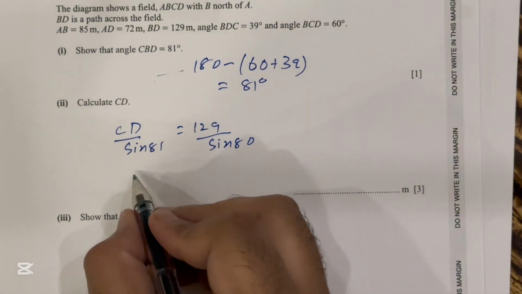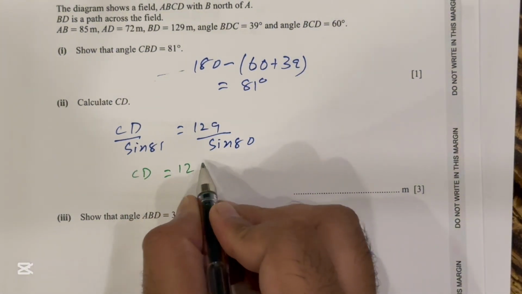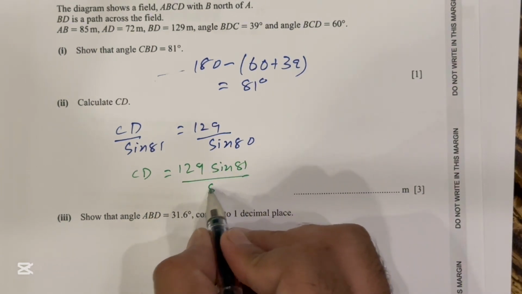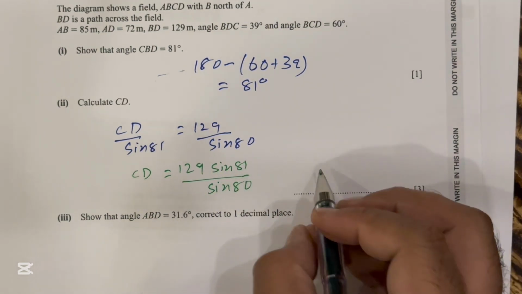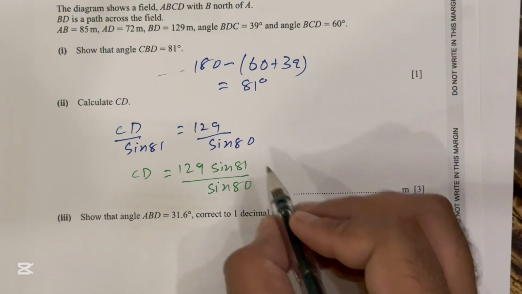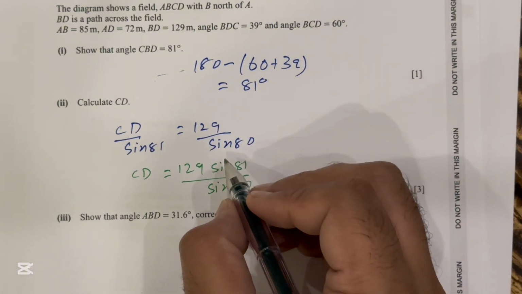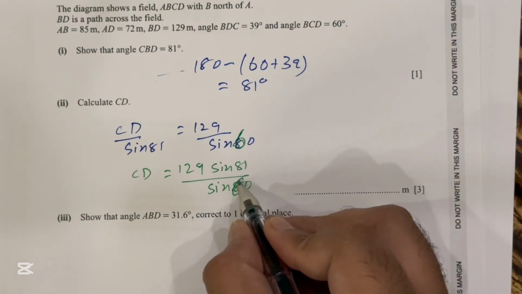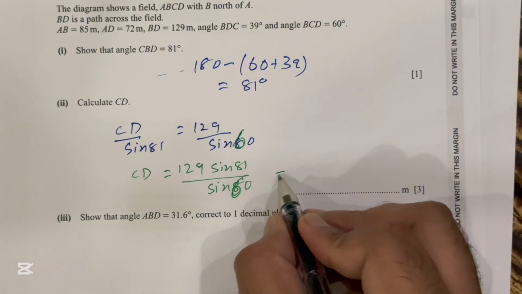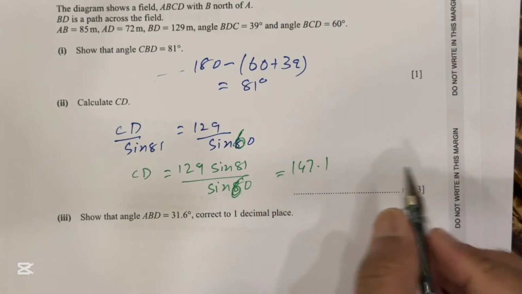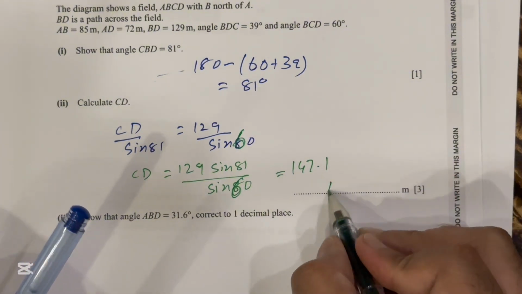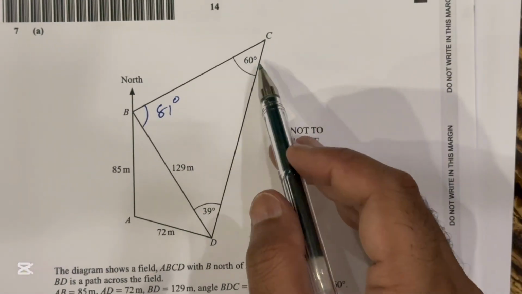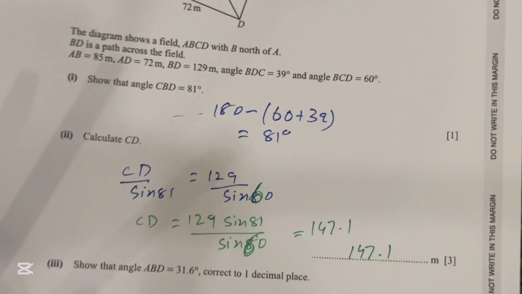The value of CD would be equal to 129 sine 81 divided by sine 60. Sorry, my bad, this is sine 60, not 80. You get the answer, that is equal to 147.1. You can write it in your space as well.